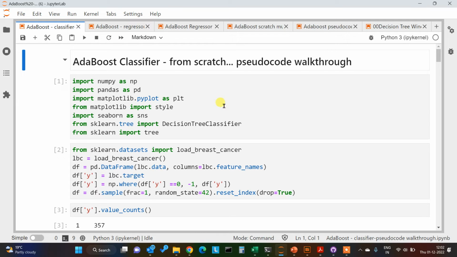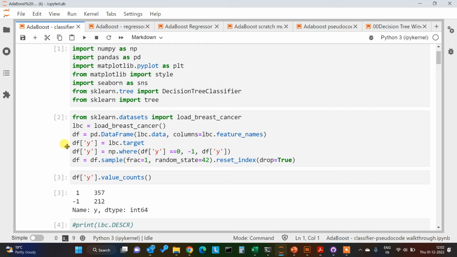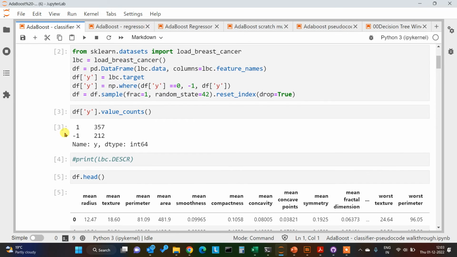Okay, let's go through it one by one. We are importing all the required libraries. Right now we are using a data set that is available as part of sklearn. This is a data set about breast cancer. Right now we got the label 0 and 1, which we are converting into -1 and 1. Now let's take a look at the distribution of our label. Plus 1 is 357 and -1 is 212, so it is a somewhat balanced data set.